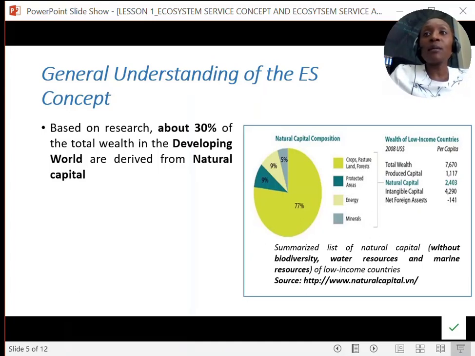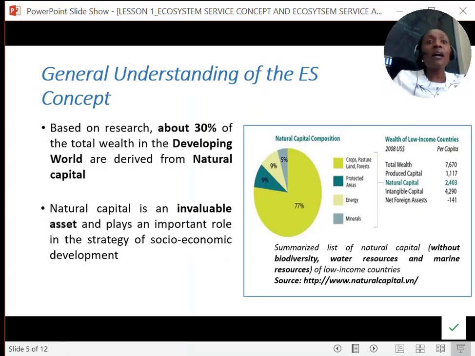You'll also realize that some ecosystem services like biodiversity, water resources and marine resources have not been captured, but this gives us a picture of the natural capital composition in developing countries. The diagram shows that out of the overall wealth of low-income countries, about one third comes from natural capital, with pasture land, forests and crops taking the lion's share, with about 77% of the natural capital composition.